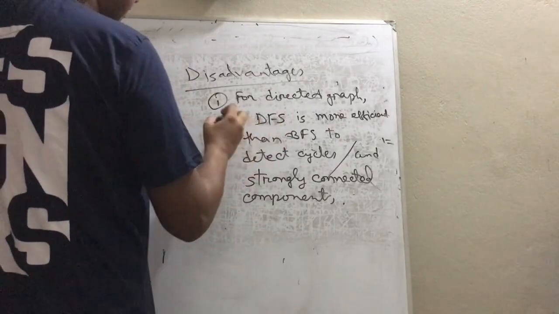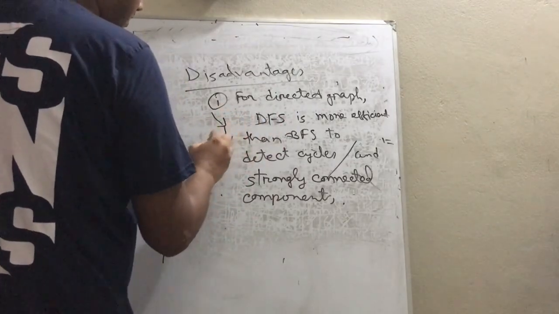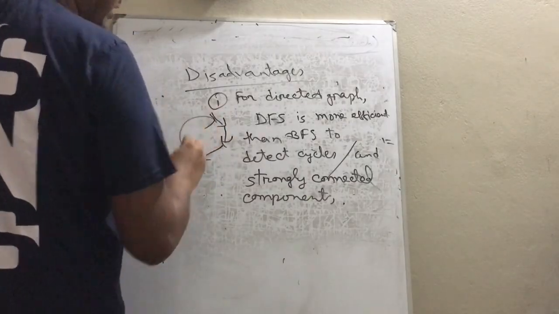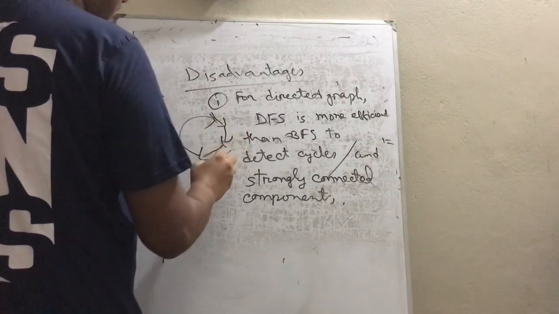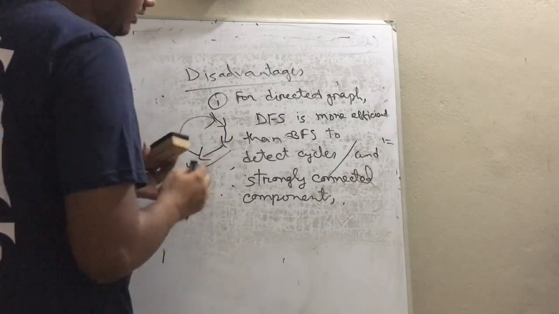Because DFS goes depthwise, it can easily detect a cycle. But BFS goes breadthwise, so cycle detection is not efficient.